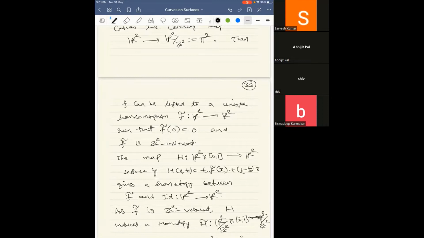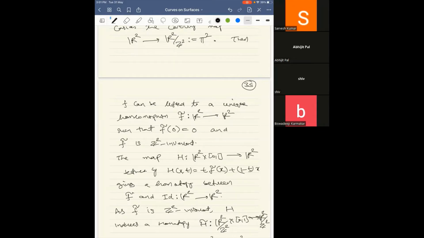How do we define it? It is defined as H from R^2 cross [0,1] to R^2 by H of (x,t) equal to t F tilde of x plus (1 minus t) x. You can see at t equal to 0, it is simply x, and at t equal to 1, it is F tilde of x.